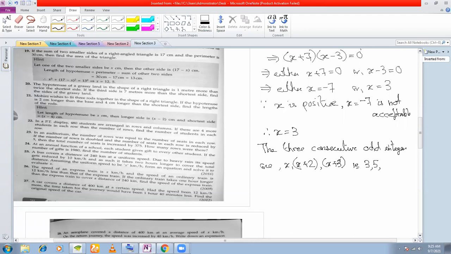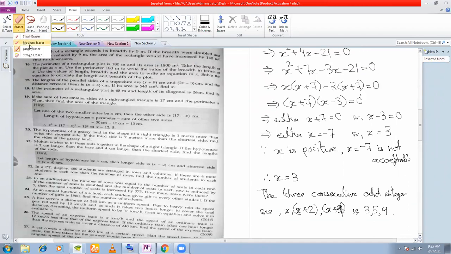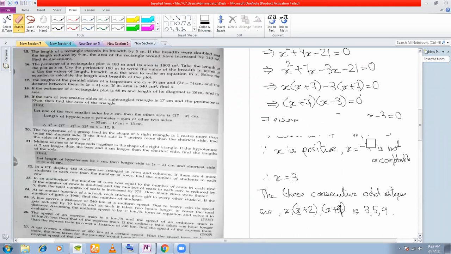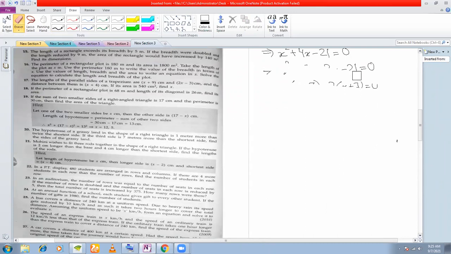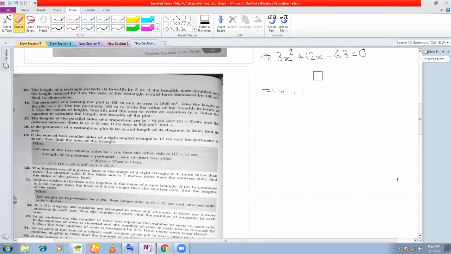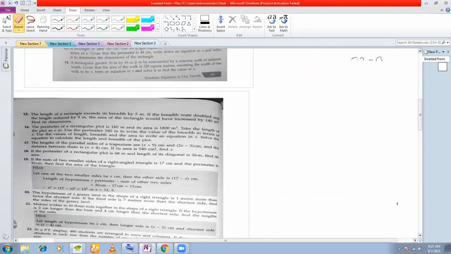This is x plus 4, not 3. So this is 7. So the 3 consecutive integers are 3, 5, and 7. Any question here? You can move to the next question then.